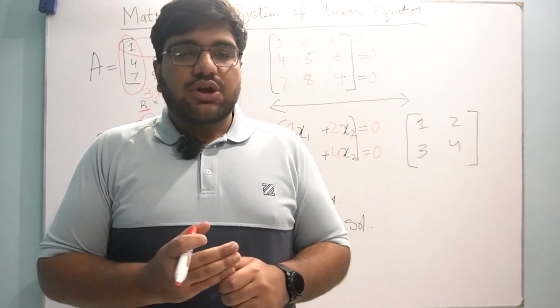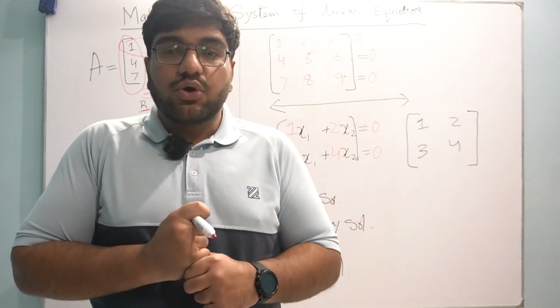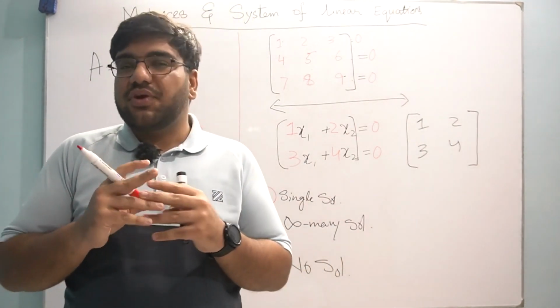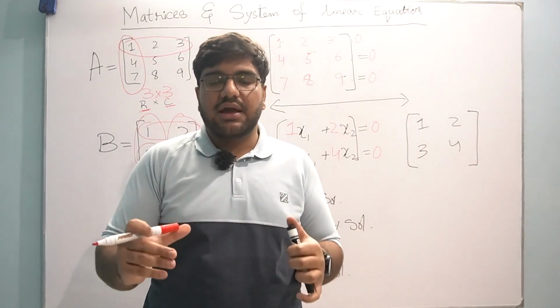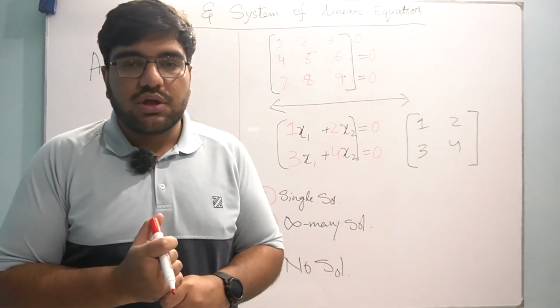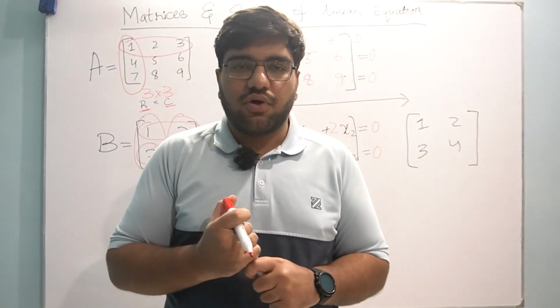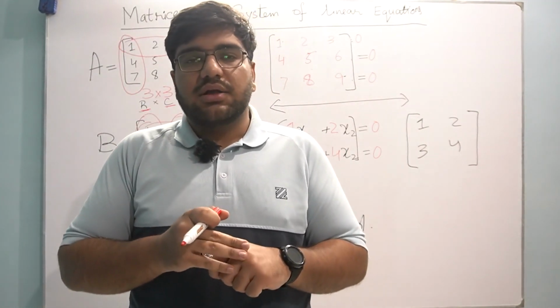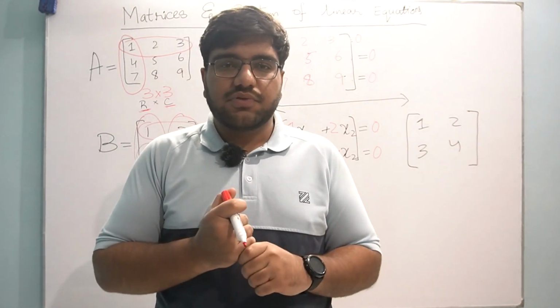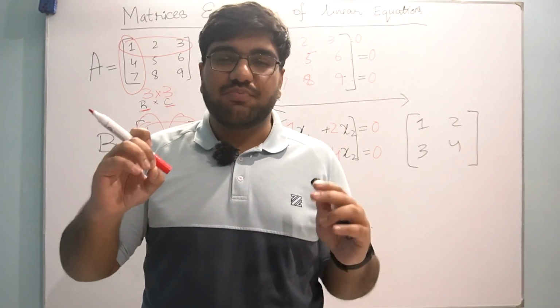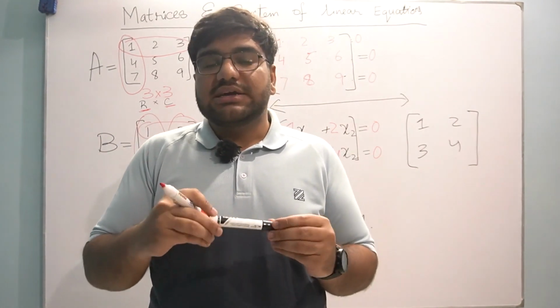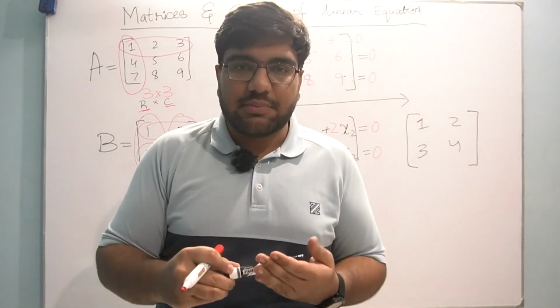These are quite easy topics, and if you have a good grip on adding, subtracting, multiplying, and making a matrix into reduced row echelon form or row echelon form, that would be really helpful, since the advanced topics require you to know these basic operations. We would be discussing these topics in the coming videos. Thank you.